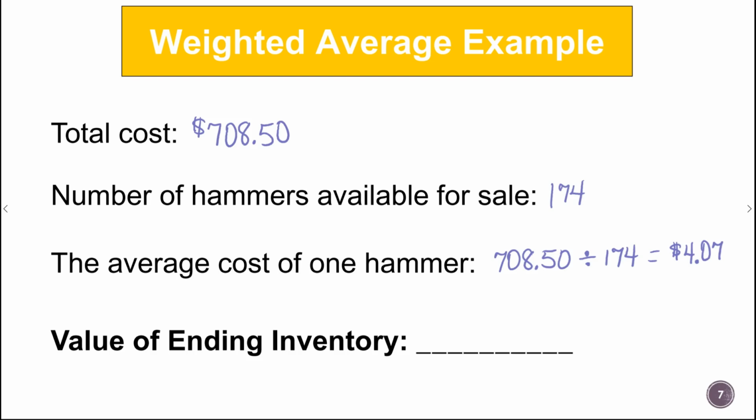And then it says the value of ending inventory. Remember, my ending inventory was 72 hammers. So we take $4.07, multiply it by 72, and that's going to be the value of our ending inventory for those 72 hammers. And that comes out to $293.04.